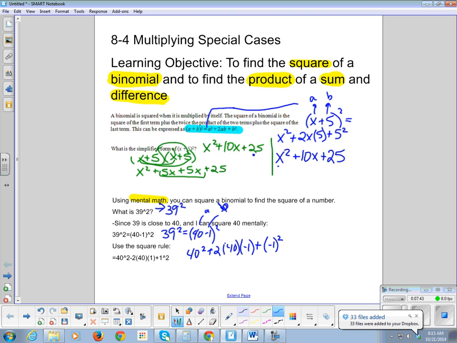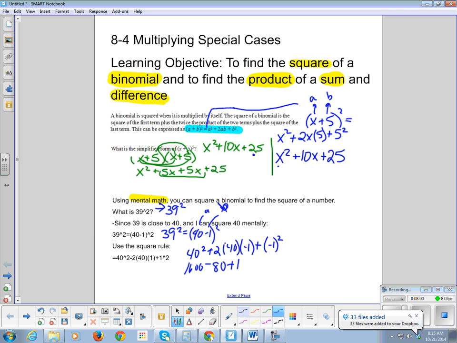Because we can do 40 squared in our head, that's 1600. 2 times 40 is 80. 80 times -1 is -80. -1 times -1 is 1.